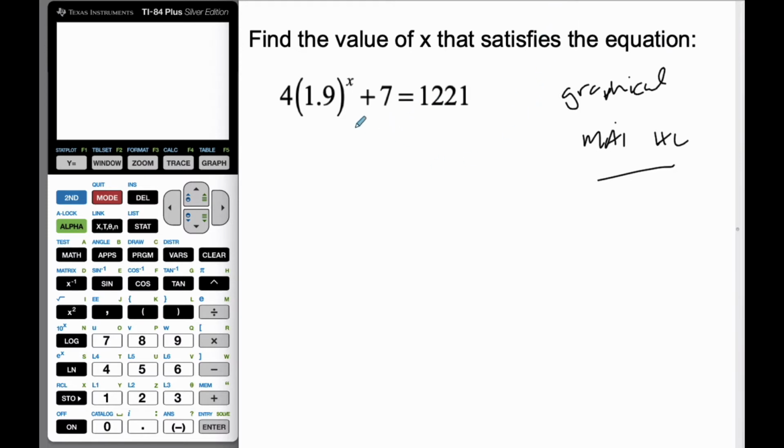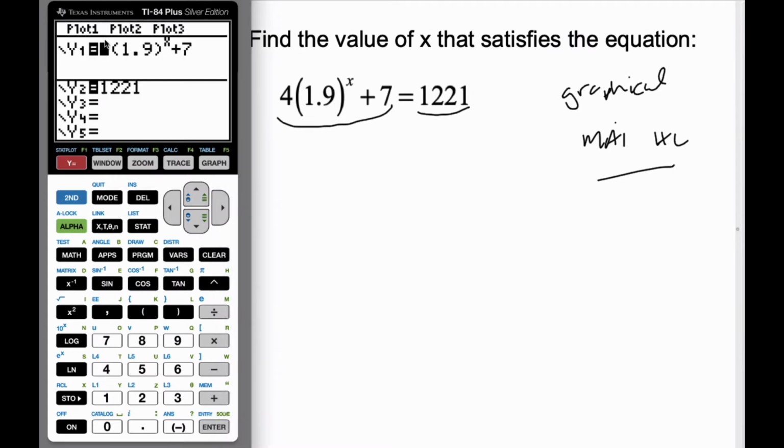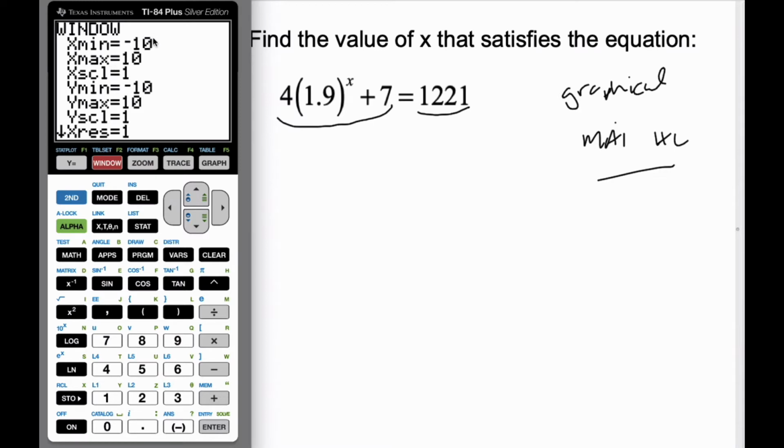So if I'm going to find the solution of this, basically I want to graph the left-hand side and the right-hand side and find the point of intersection. So if you go to your calculator, I've already entered them into y1 and y2. I am then going to look at my window, and right now I know this is set at -10 to 10.